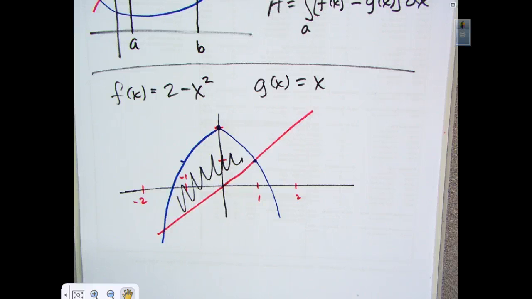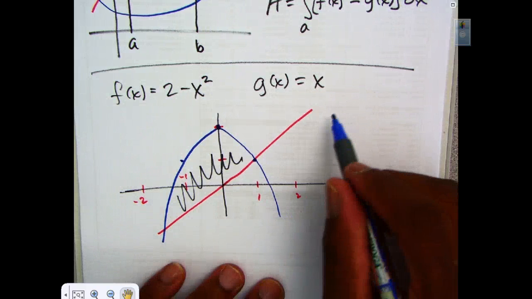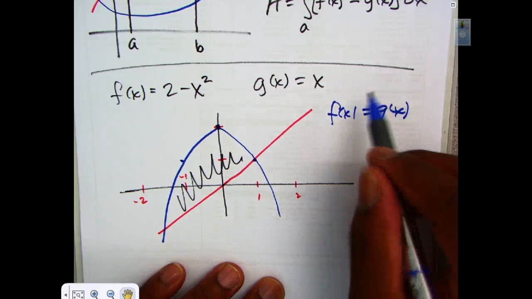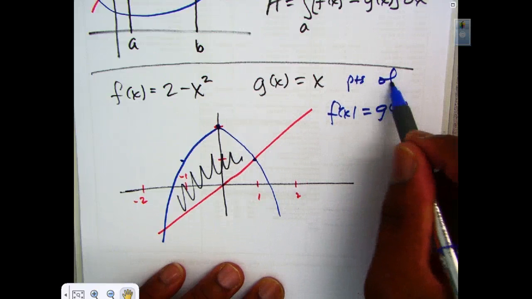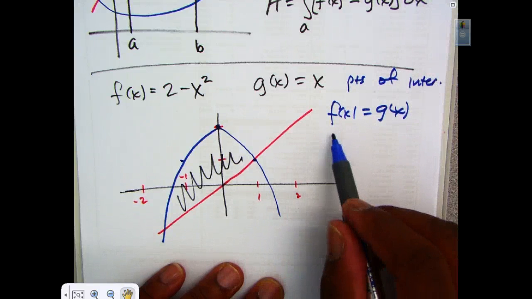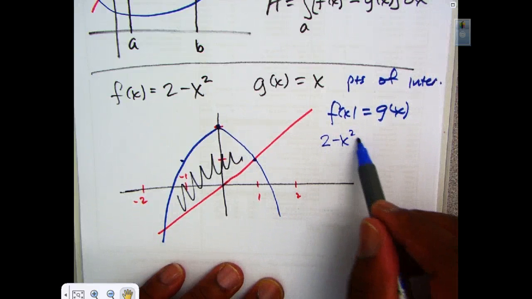How will we do that analytically or algebraically? We set them equal to each other. So where is f of x equal to g of x? So that will give you your points of intersection. Well, 2 minus x squared is equal to x.